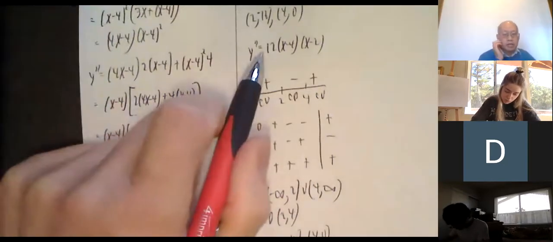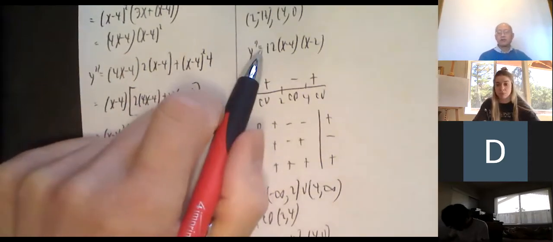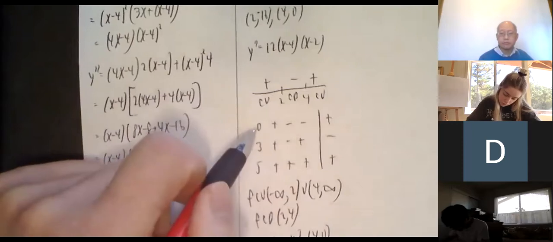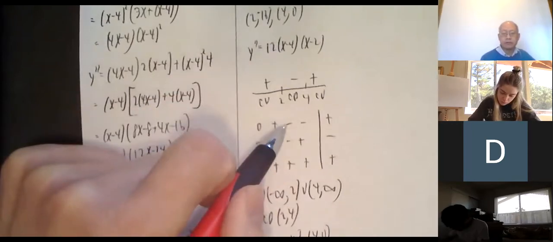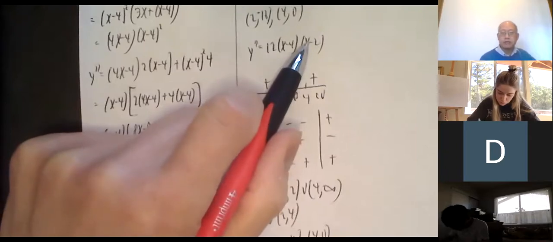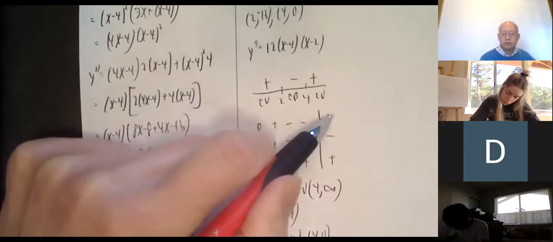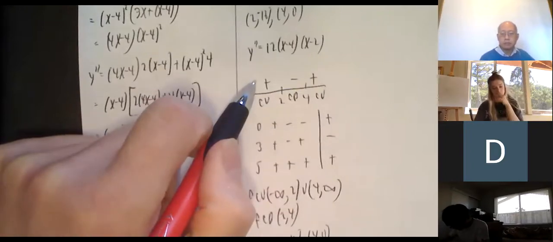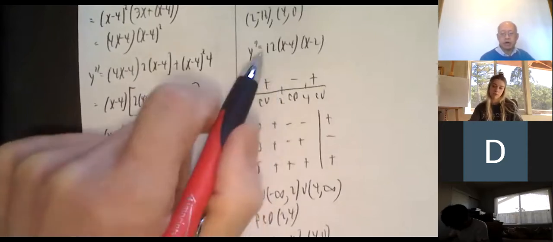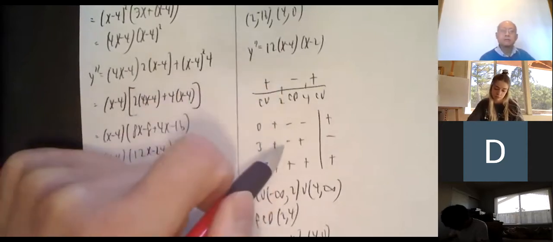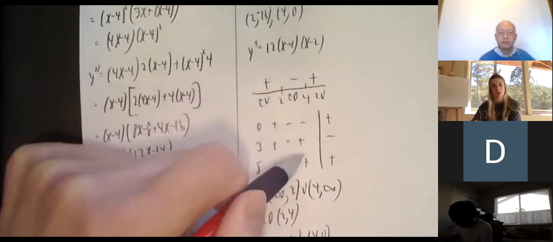Plug in. 12 is already positive. So that plus, plus, plus is for the 12, which is already positive. Okay, 0. 0 minus 4, negative. 0 minus 2, negative. 2 negatives, positive. 3, that's already positive. 12 is positive. 3 minus 4, negative. 3 minus 2, positive.